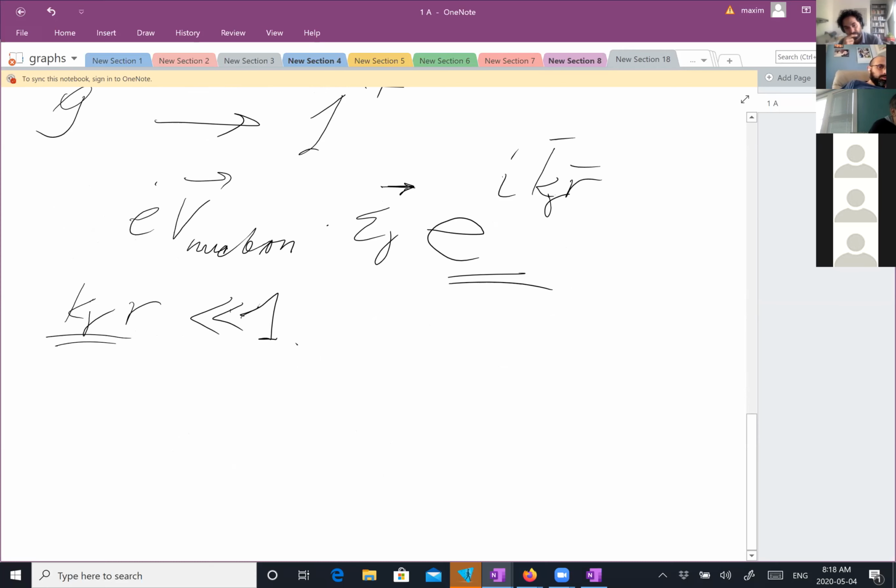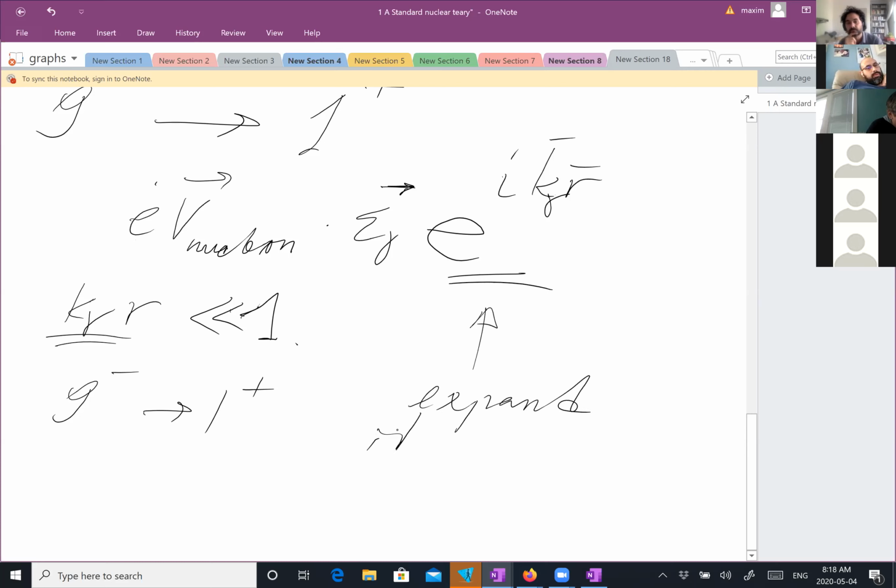So for E1 we take only the first order expansion, but for say 9 minus to 1 plus transition, we would have to expand it into a ridiculous power. So we would need to take an additional hit in the amplitude and the rate.